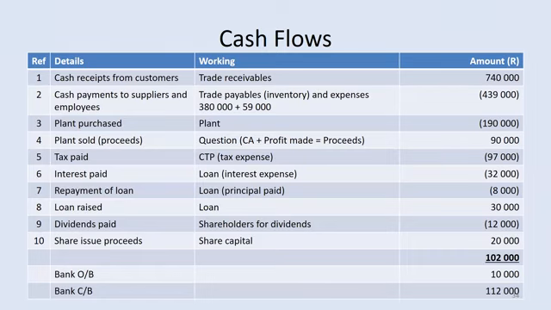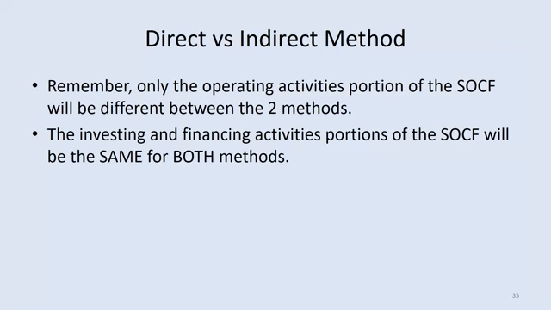If we add all these amounts up, we get a value of 102,000 Rand as an inflow. When we started off this example, we said the bank opening balance is 10,000 and the closing balance is 112,000. There's been an inflow of 102,000, and here we have evidence of that. We then know that our workings are correct and reflective of the movement in bank for the current financial year. But of course, this is not how we are going to provide for our disclosure.